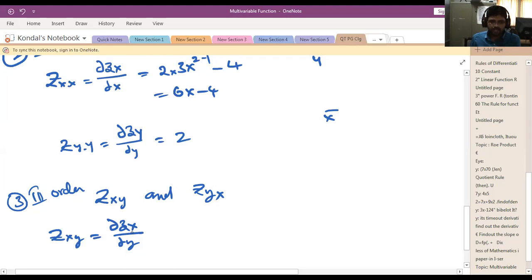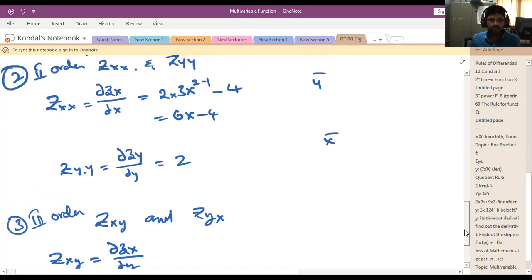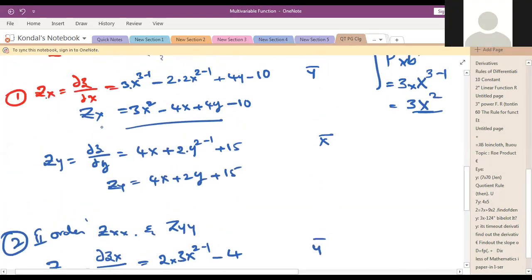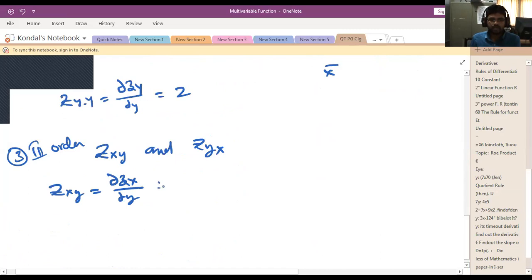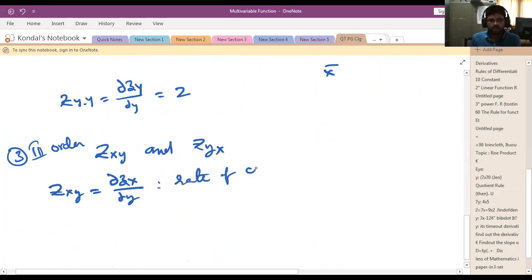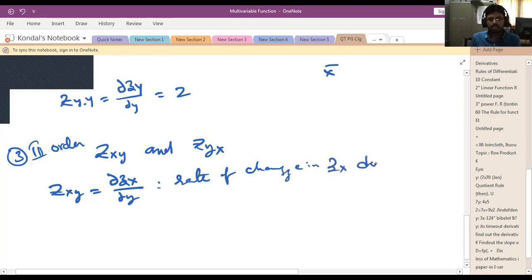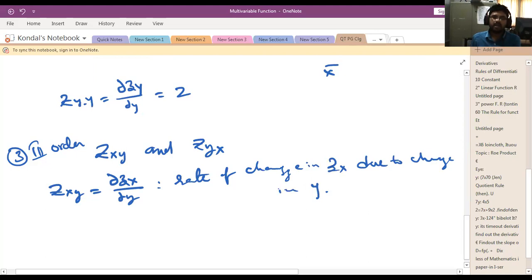So in its name only, there is zx. If you do not understand, you can take it as rate of change in zx due to changes in y.